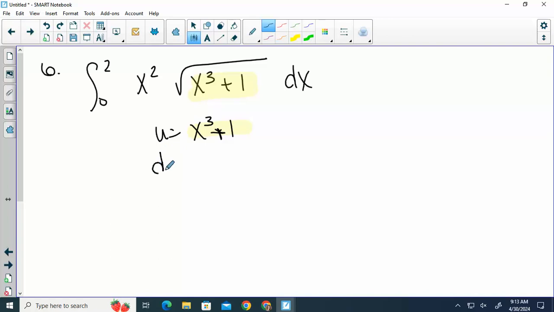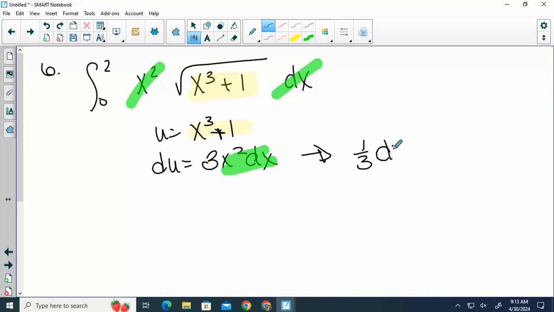Du, what is the derivative of x cubed plus 1? We need the x squared dx, but not the 3. So that means 1/3 du will replace the x squared dx.